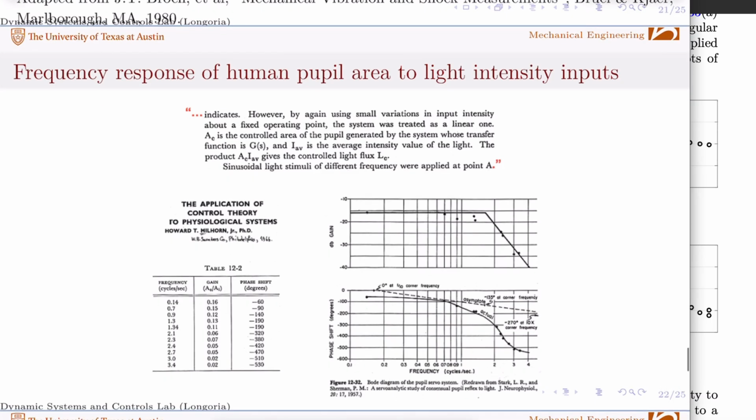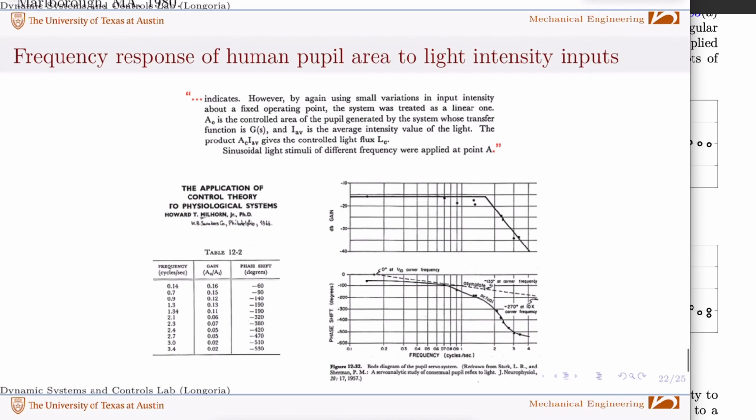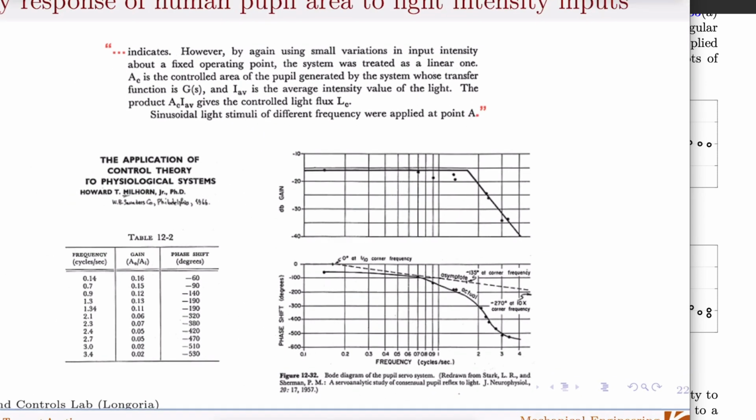Another context is this one example I found in a book on control theory for physiological systems that I really like. And look, it's showing frequency response. This is a test where they took the eye pupil and measured the area of the iris exposed to light. Depending on the intensity, they looked at the area here.